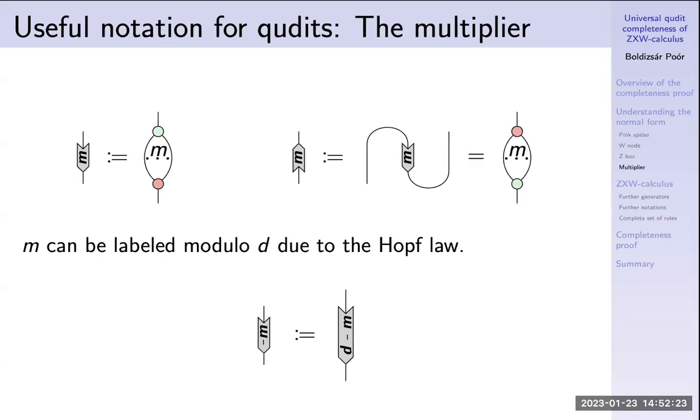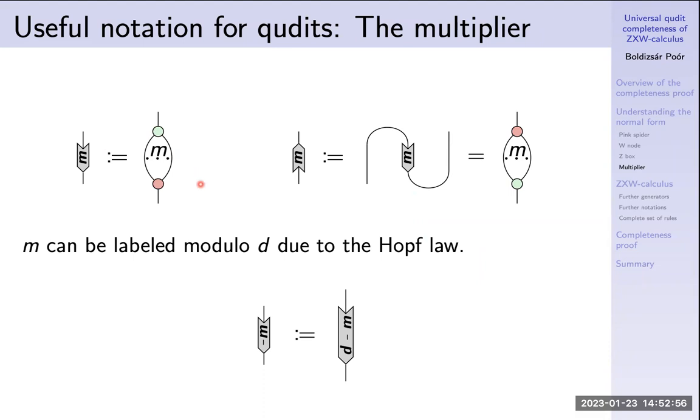So then we have another really useful notation for qudits, which is called the multiplier. So this multiplier is a Z spider and an X spider connected with as many legs as the number indicated in the multiplier, so the weight of the multiplier.